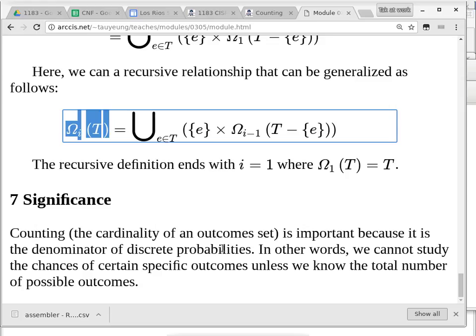So if you are focusing on both of those things, then you get a discrete probability. What are the chances of winning the jackpot in a lotto game, what are the chances of winning the second prize of a lotto game, and so on. So this gives you the denominator that you need to calculate probability.